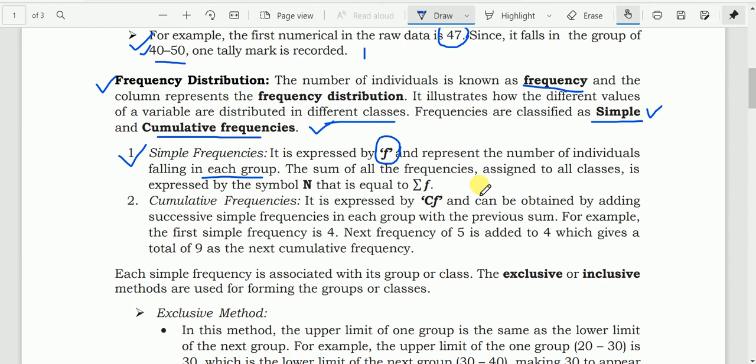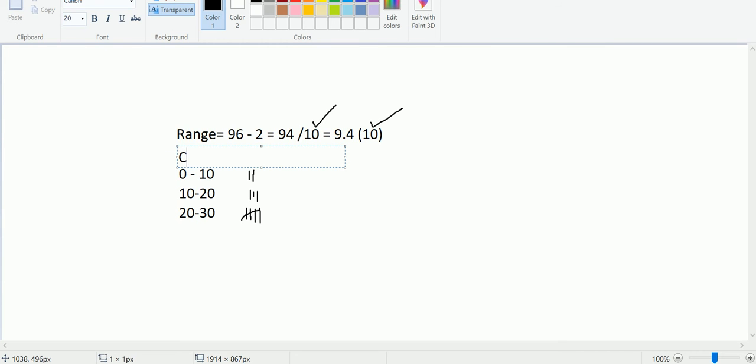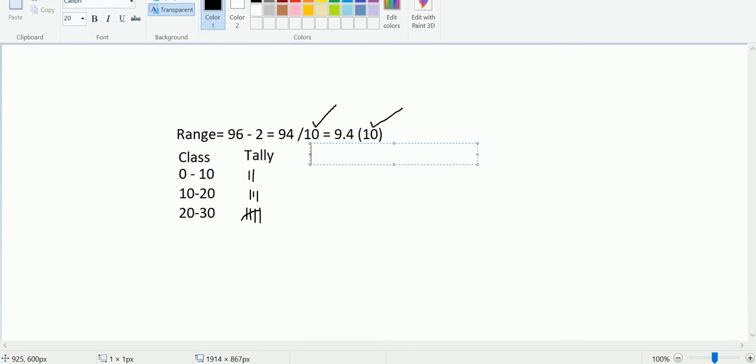And the sum of all the frequencies assigned to all the classes is expressed by the symbol n, or it is equal to summation f. Here this is the class, then here we have tally marks, then here we have frequency.